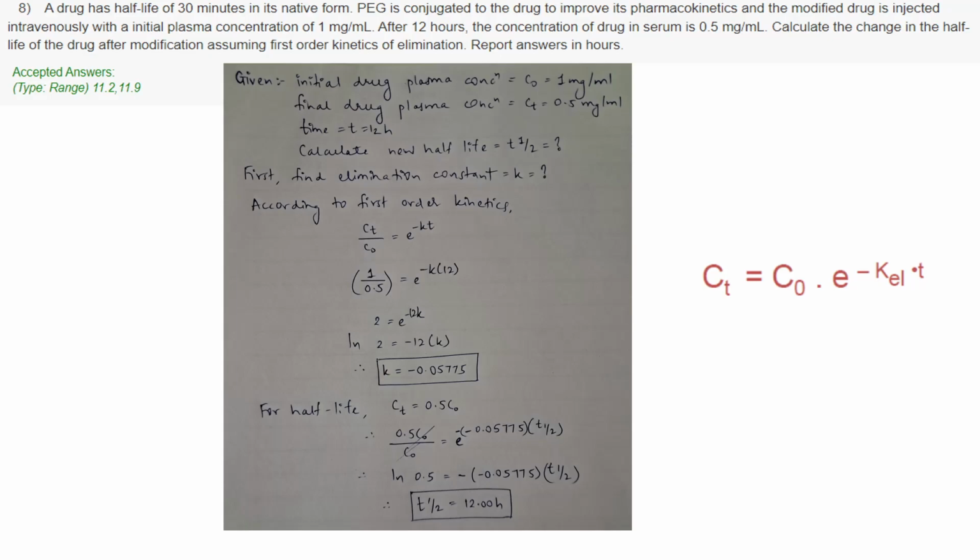That will reduce its elimination rate, and now the drug lasts in the body for a longer time. This is just an example to understand the concept, where you can modify drugs using polymers and then design effective treatment regimens.